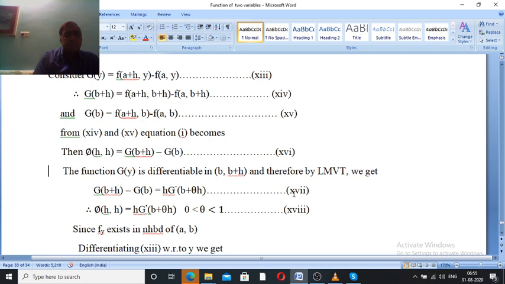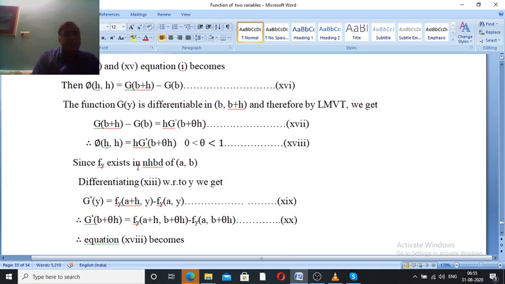Suppose this is equation 17. This difference, phi of h from equation 16, is equal to h g dash of b plus theta h, where 0 is less than theta less than 1. Suppose this is equation 18.